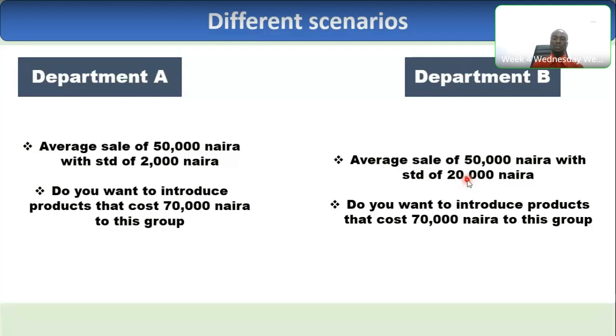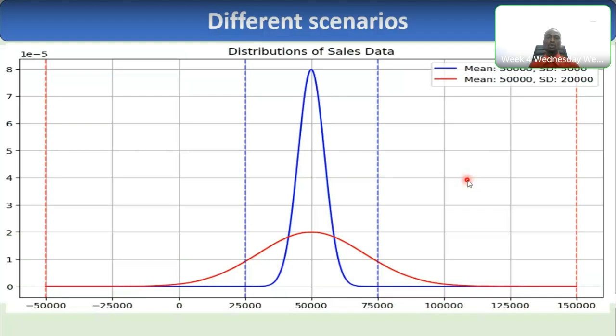So let us look at it. Good. Now, you can see a mean of 50,000, standard deviation of 5,000 naira here and standard deviation of 20,000 naira.